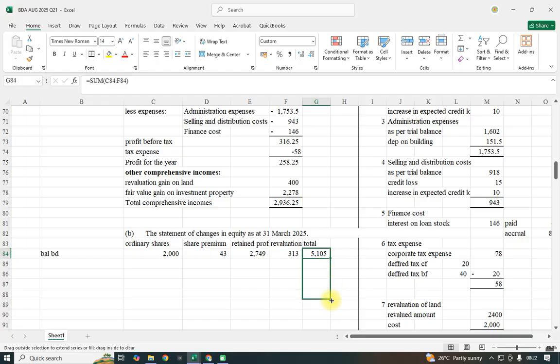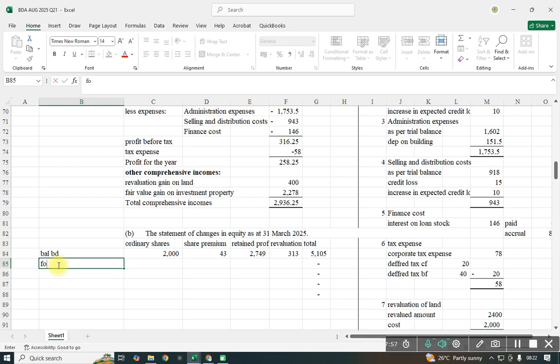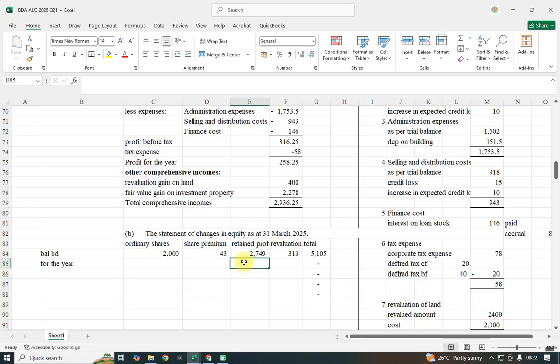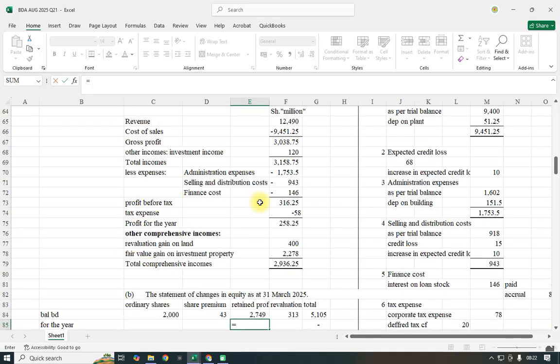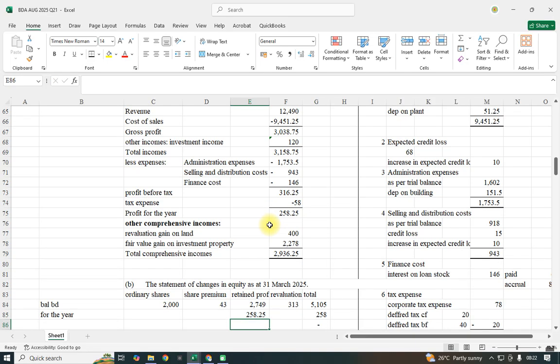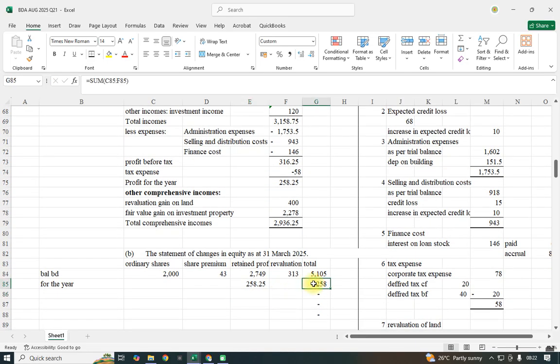Then we had for the year, we have what we call the retained profit for the year. It is this one. Profit for the year, that way.